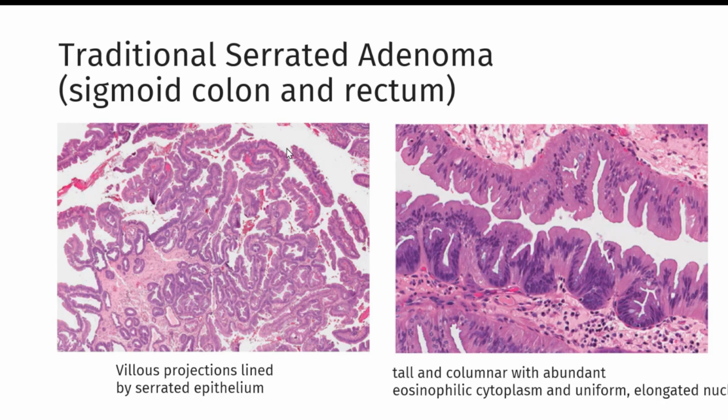So when you see a polyp that looks really pink in low power, you need to raise your suspicion for a TSA. Then in high power, we can see pencillate nuclei and columnar cells with abundant eosinophilic cytoplasm. That's the reason we can feel the pink color in low power.